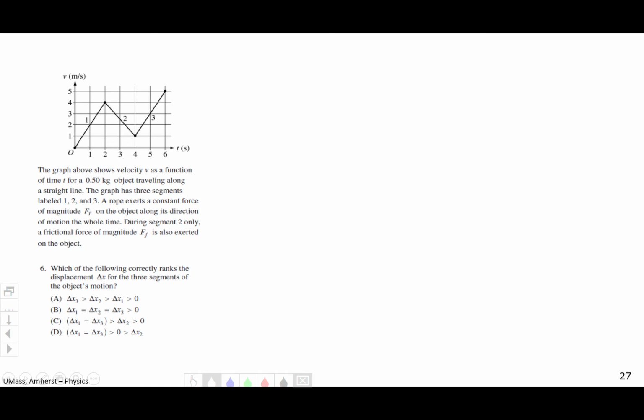So, when force F_T is the only force acting on the object, that's what I just circled in green, and where force of friction acts, that's what I just circled in red. So, which of the following correctly ranks the displacement, delta x, for the 3 segments of the object's motion?